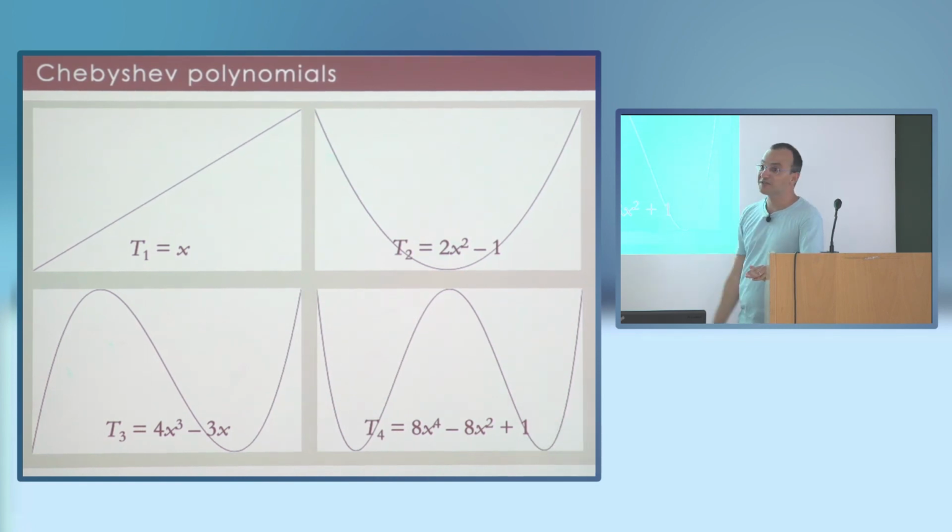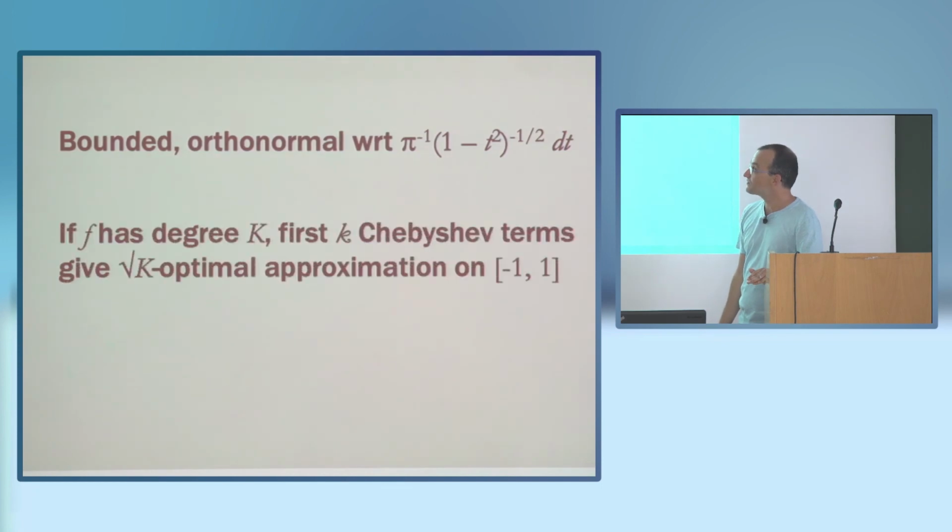And then if you expand the function in this basis, then things work out for reasons that I don't have time to explain because I only have 2 minutes. But it turns out that if you want to analyze functions over the real numbers, this is the right basis to use because in some sense, it gives you the optimal approximation up to some factor that depends on the degree of the polynomial that you're approximating.